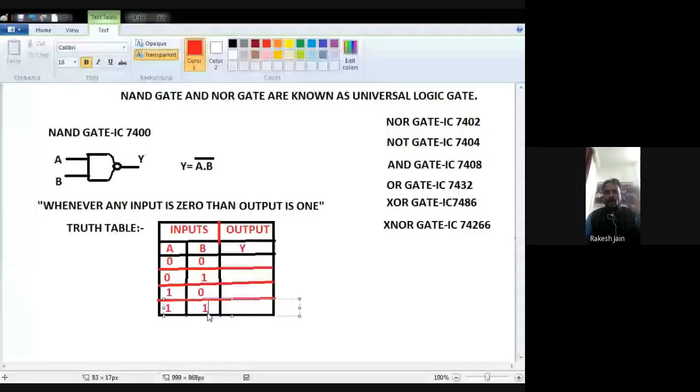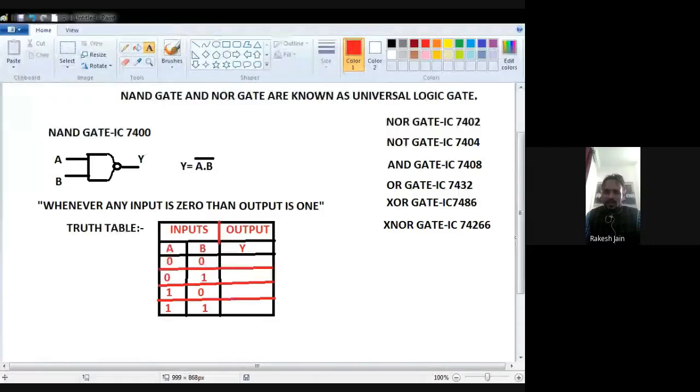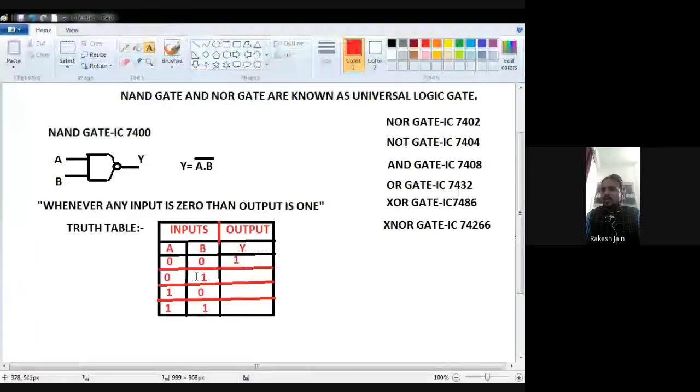Now see very carefully, what I wrote in this definition: any input is 0, output is 1. So see, A is 0, B is 0. So 0 we see in any input, any means either A, B or both of them. So you see 0, so just write down 1. Here A is 0, B is 1.